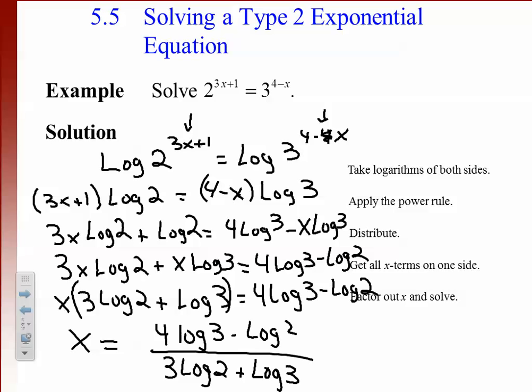Okay, so you can put all these terms into your calculator, and you can get an approximate answer for this. This is the exact answer. You can maybe fool around with that a little more, but I don't think so. That's the answer for what that exponent has to be for those logs of different bases to be equal to each other.